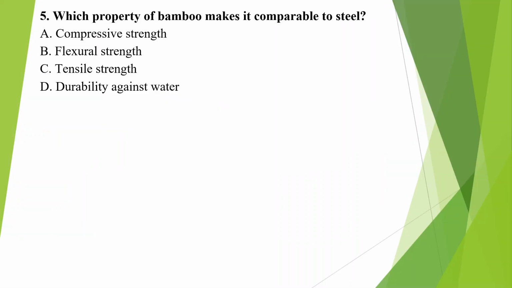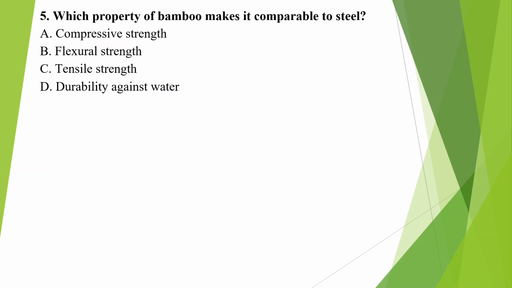So you are not copying. That's clear. Whoever has marked option C is absolutely correct. That is, the tensile strength ranges between 140 to 280 Newton per mm square, which is nearly equal to mild steel, while also having twice the compressive strength.